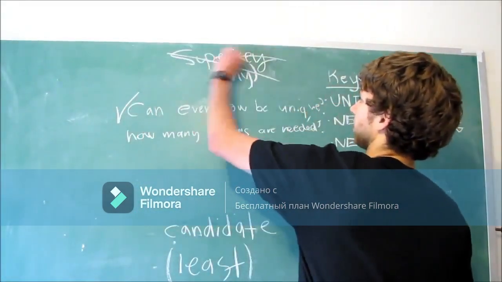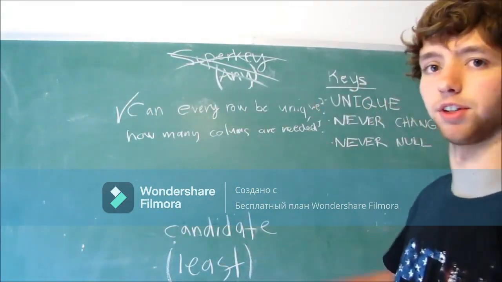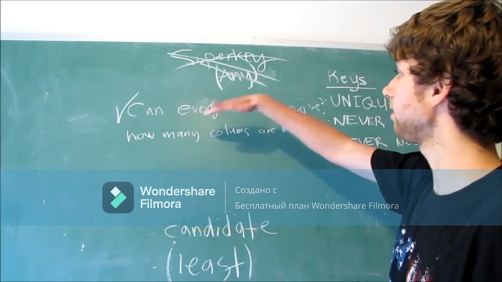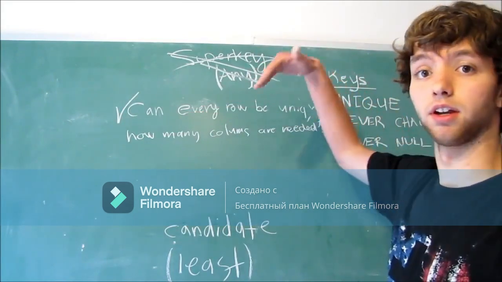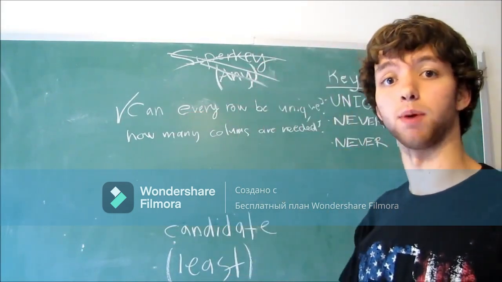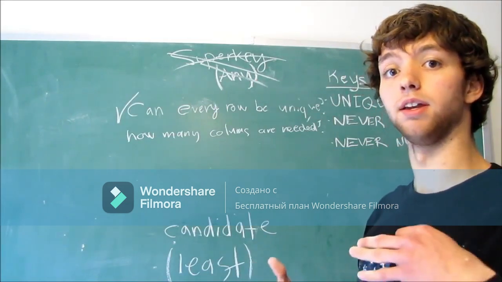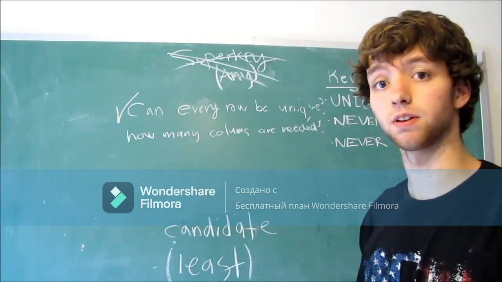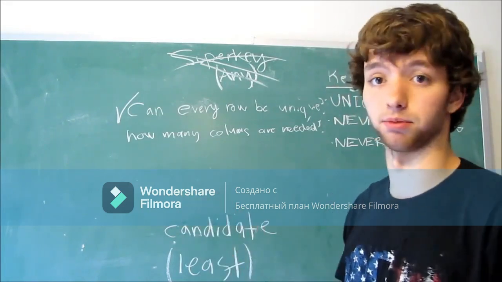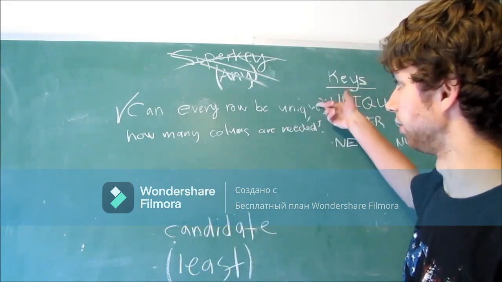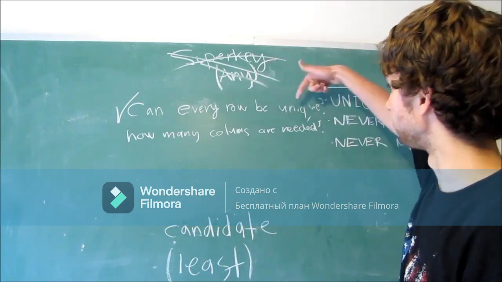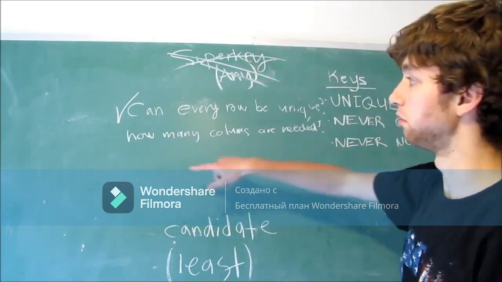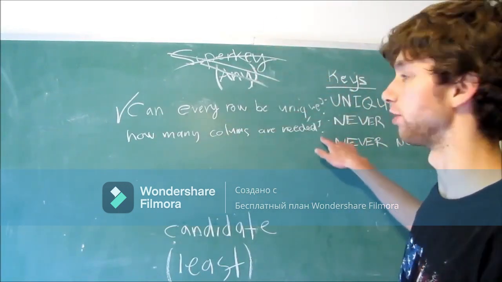Yes, that means we have a super key. That's all we have to worry about. We don't have to figure out which columns or anything like that. Can every row be unique? Always. Think about all the possible values. Is it possible for a duplicate? If it is, you have to figure something out. If it's not, you're good. So every row can be unique? Yes. Check. Move on.